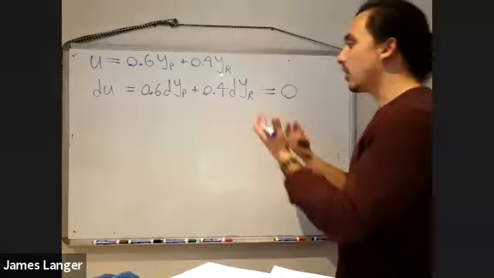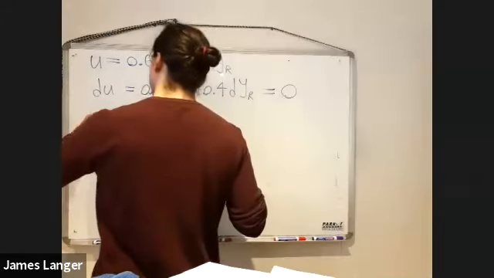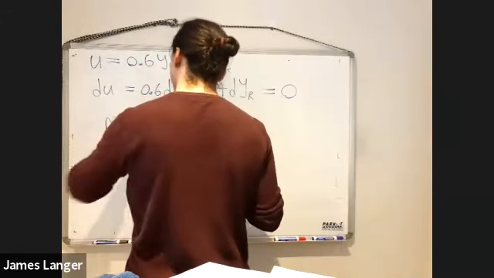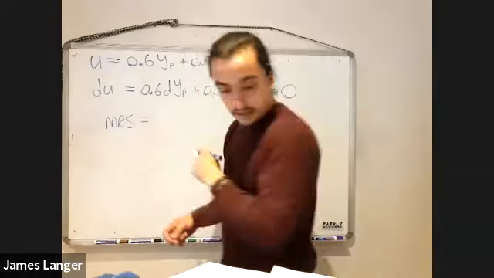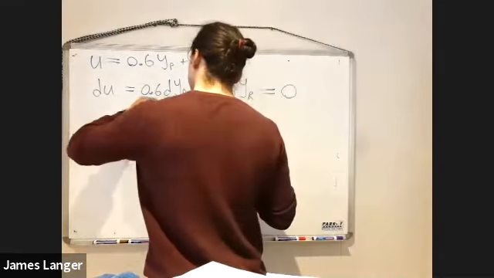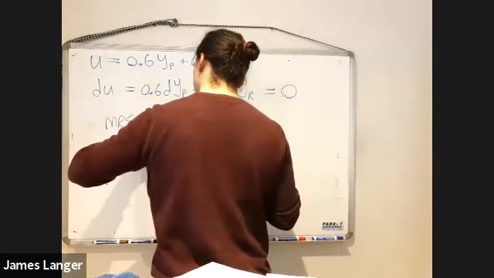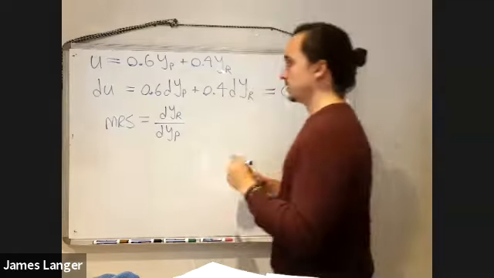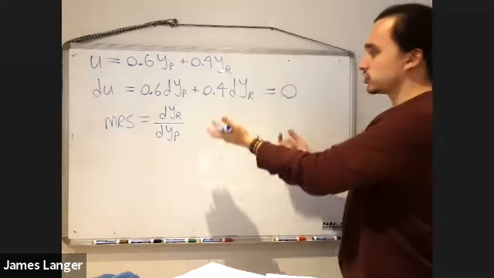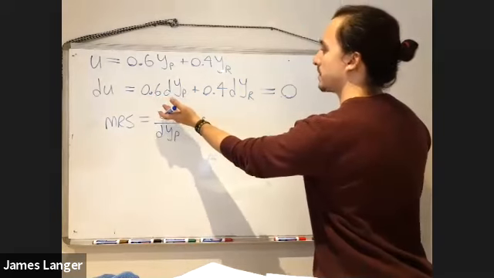Cool. So now all you do is you solve. Remember what our MRS is. Our MRS is going to be equal to dYr over dYp. And you just have to do the math here.